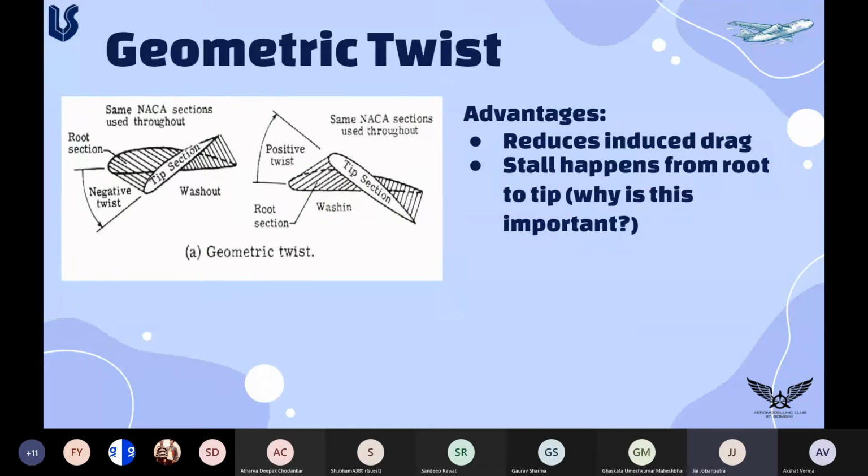Suppose for this particular airfoil the stall angle is 5 degrees. When it slowly moves from 0 to 10 degrees, when it achieves 5 degrees, the root will stall immediately. But the tip will still be at a relative angle of attack of less than 5 degrees, so it does not stall. The tip will only stall when the angle is so much that even the negative twist angle is compensated.